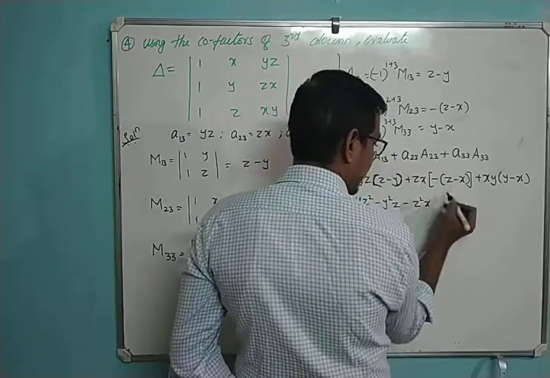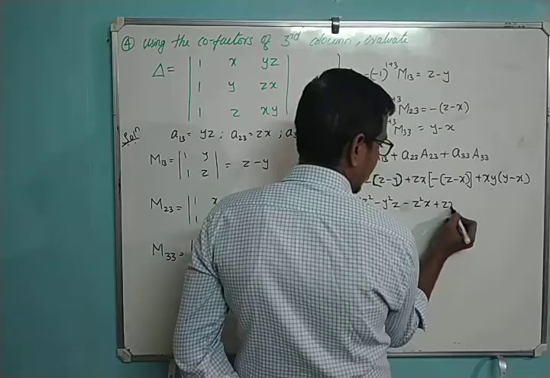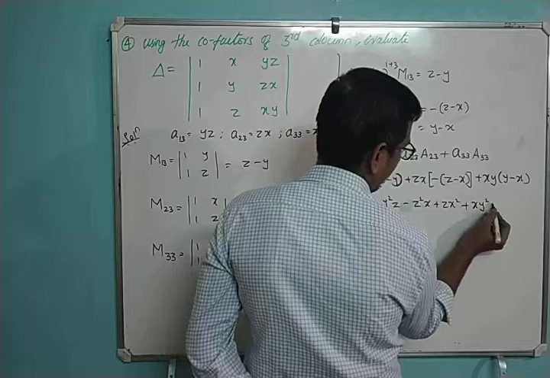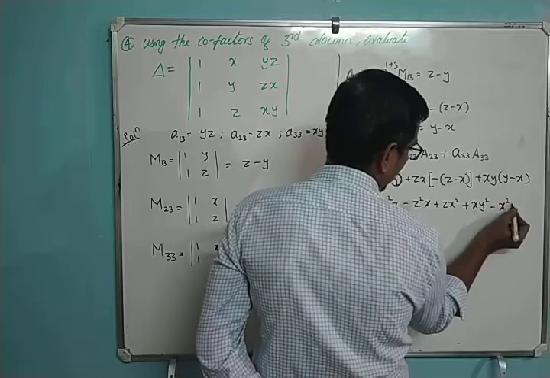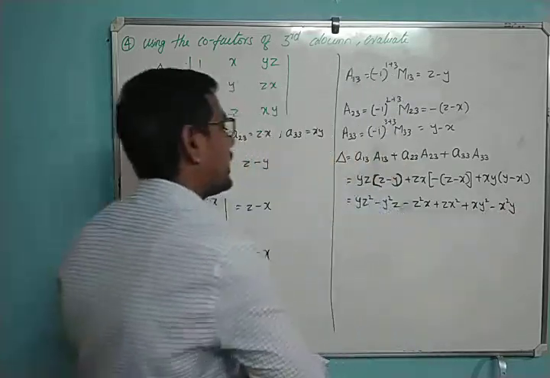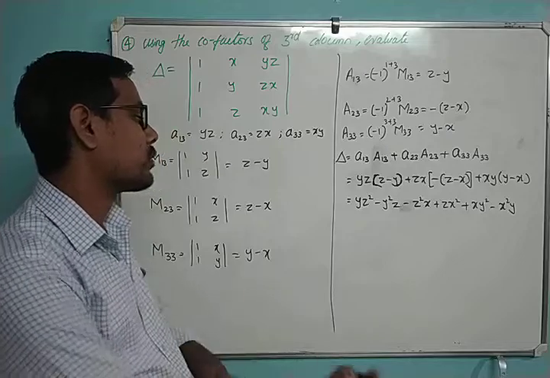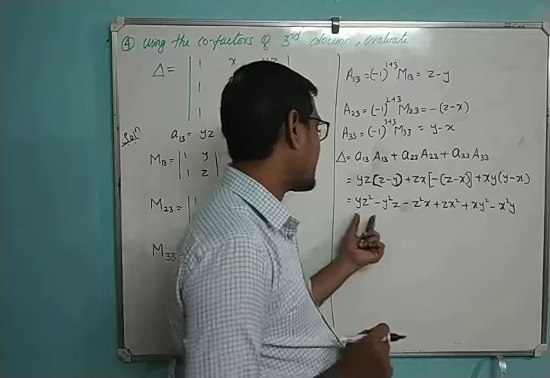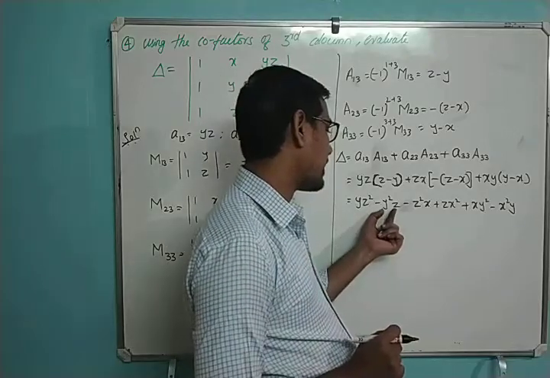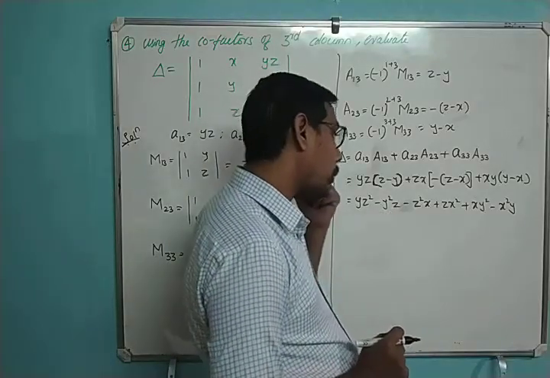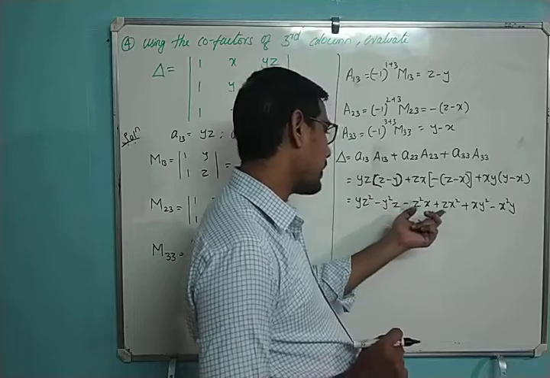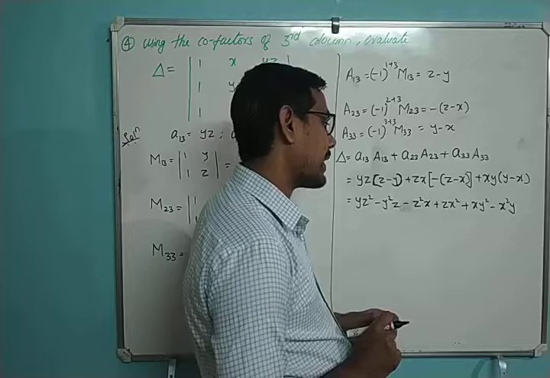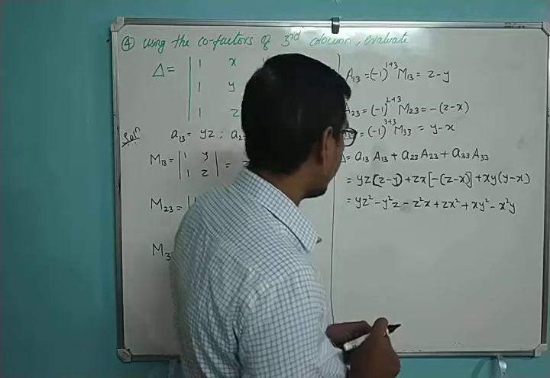ZX into X, ZX square plus XY square minus X square Y, right? XY square minus X square Y. So now YZ square minus Y square Z, okay? So, and ZX square minus Z square X, XY square minus X square Y, you are having it, right?